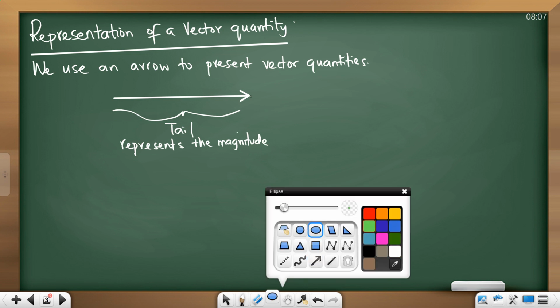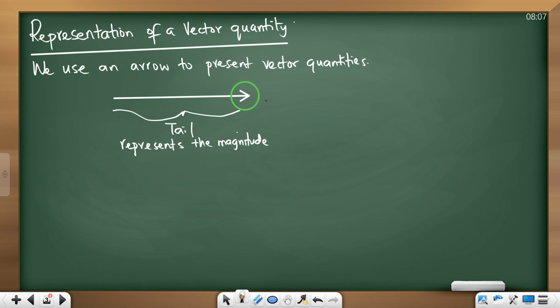And the arrowhead represents the direction. So we talk about magnitude and direction. So this is how we represent a vector quantity. A vector quantity: magnitude and direction.